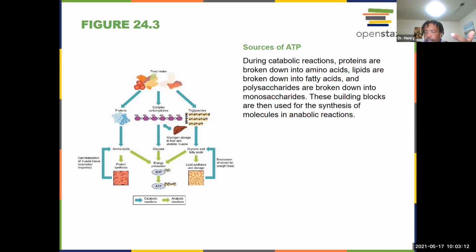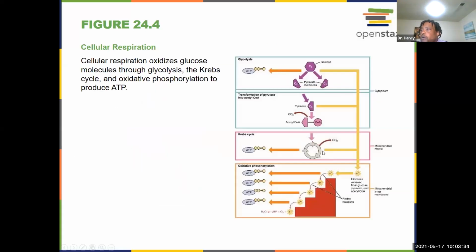They're going to be the insulin-like growth factor, insulin, testosterone, and estrogen. So they're all going to be responsible for the anabolic components of metabolism.